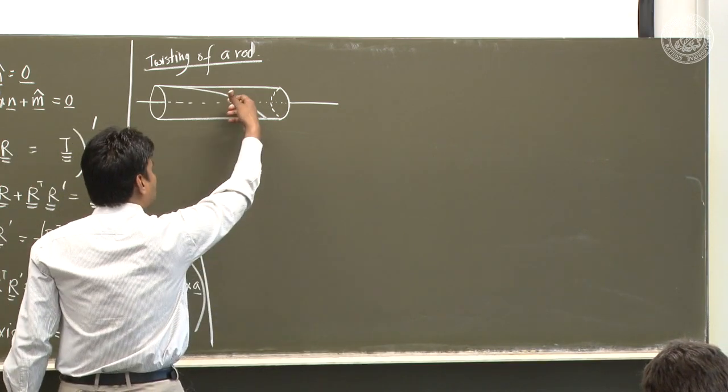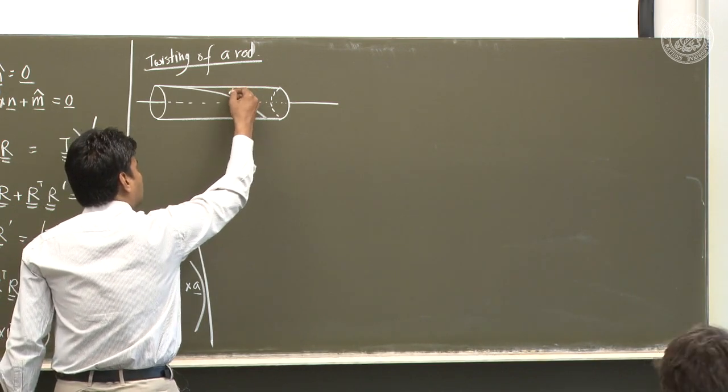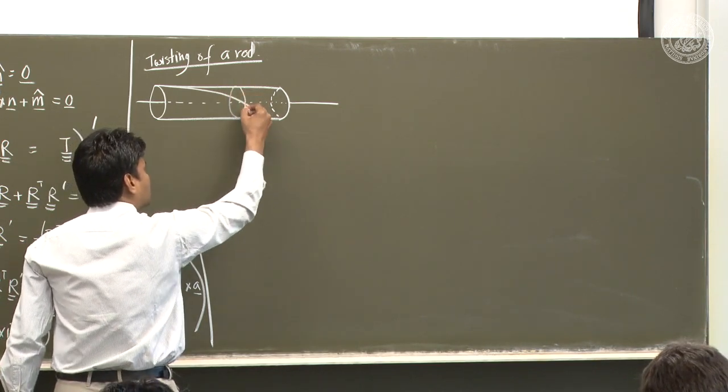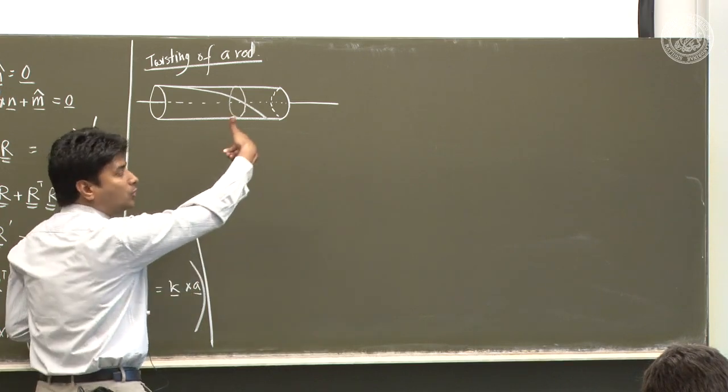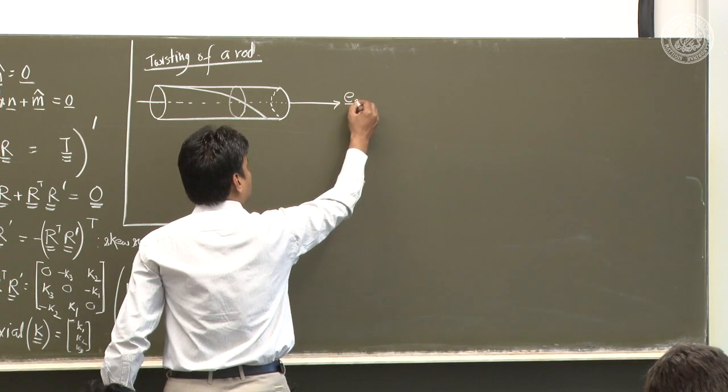And what will be the rotation of any cross section? If I think of a cross section over here, it's simply going to rotate about this axis, which is E3.